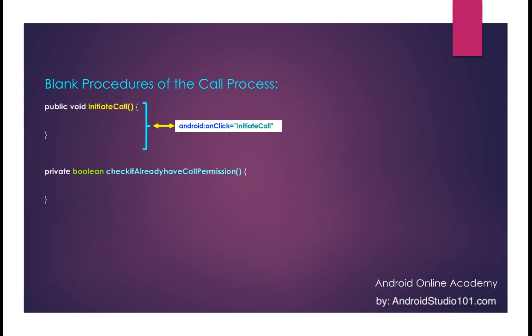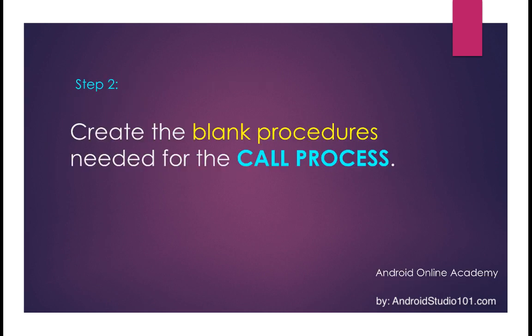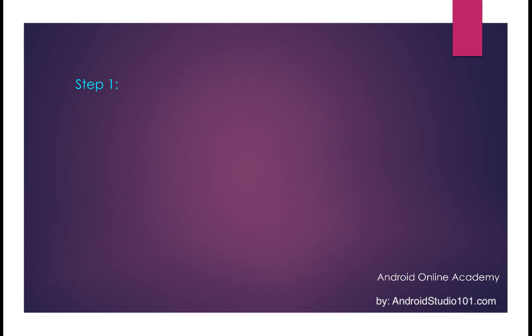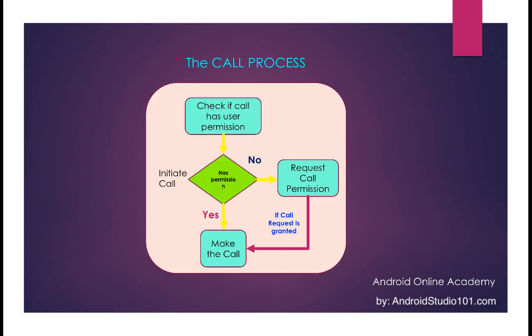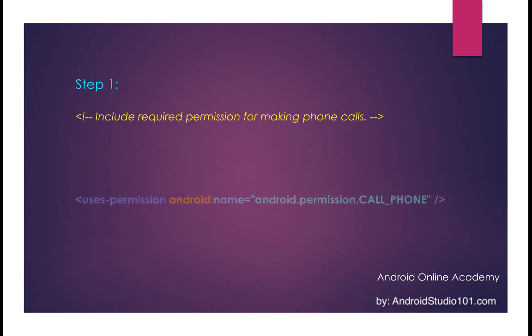And then next is a Boolean procedure, private Boolean checkIfAlreadyHaveCallPermission. We have discussed that in the flow of the call process. You have to check if there is permission.